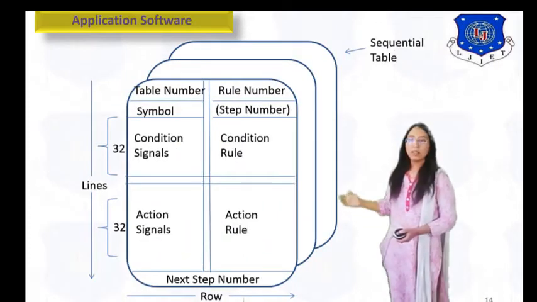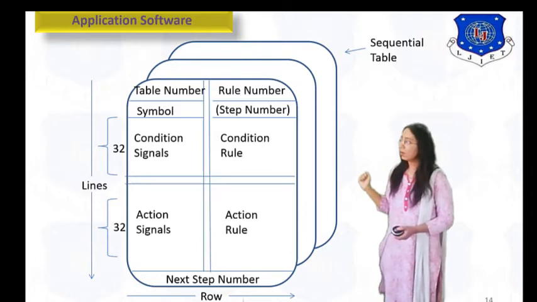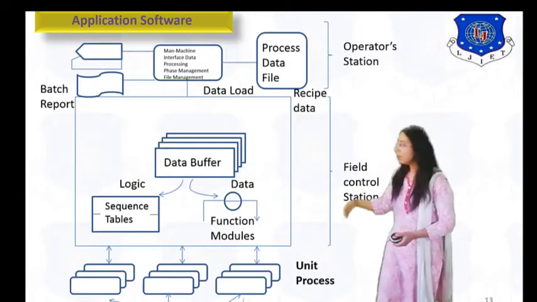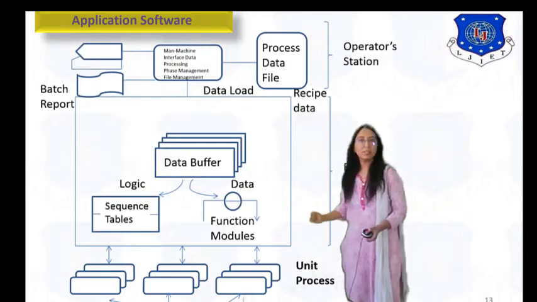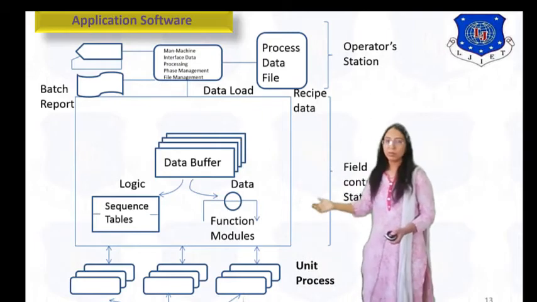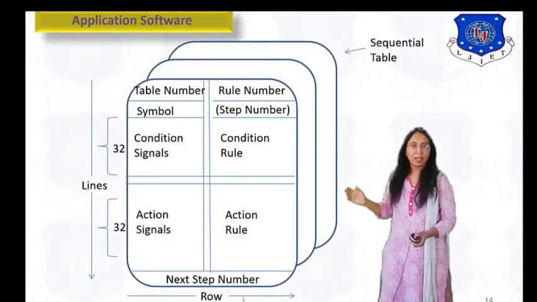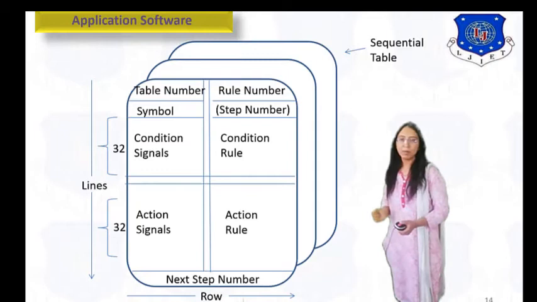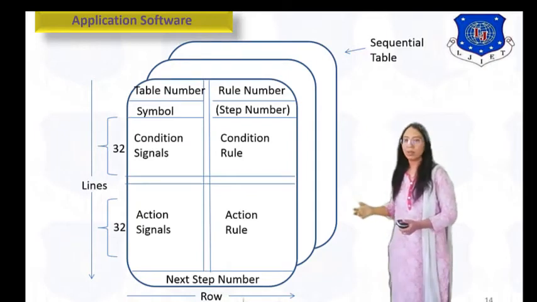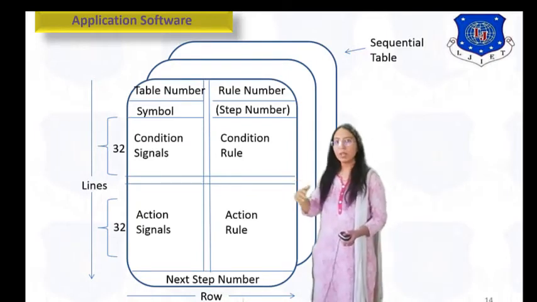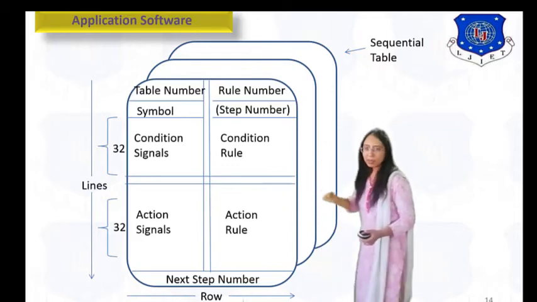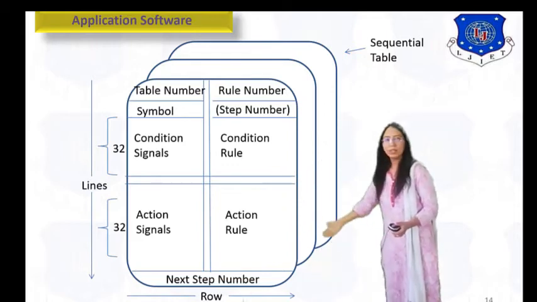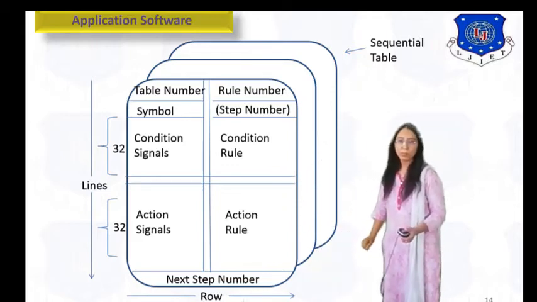Next is the sequential table. Okay. Here we have discussed the sequential table. So let's see the sequential table in detail. In the sequential table, vertical is called a line, and horizontal is called a row.